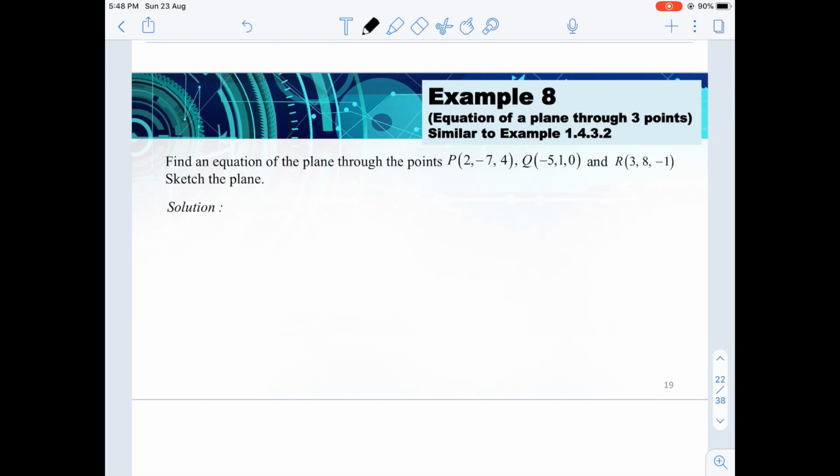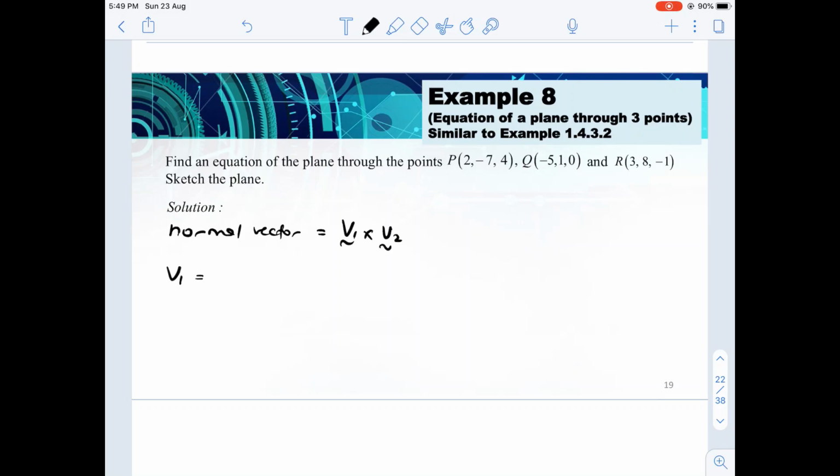So how do we find the normal vector? By using the cross product of V1 cross V2. What is V1 actually?